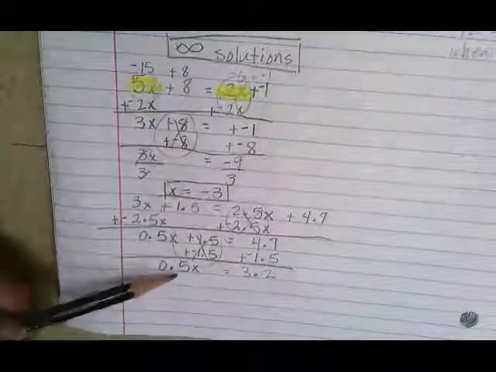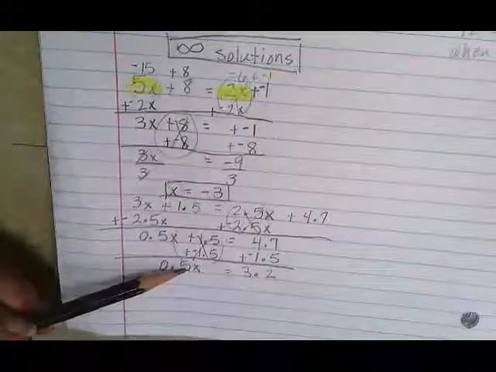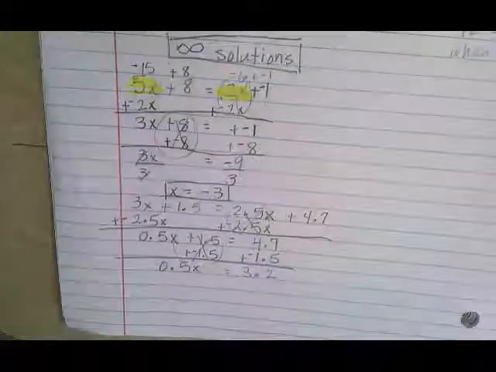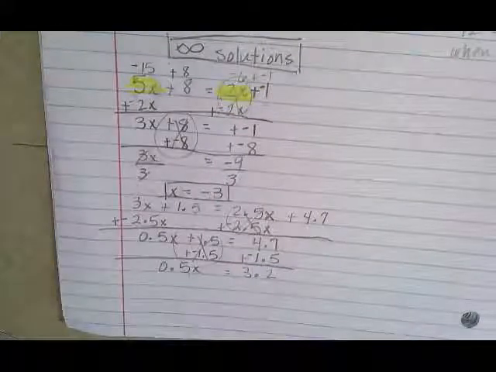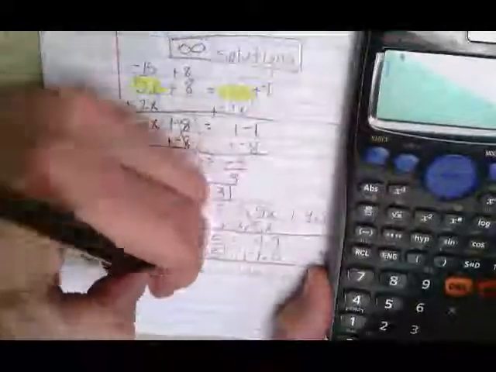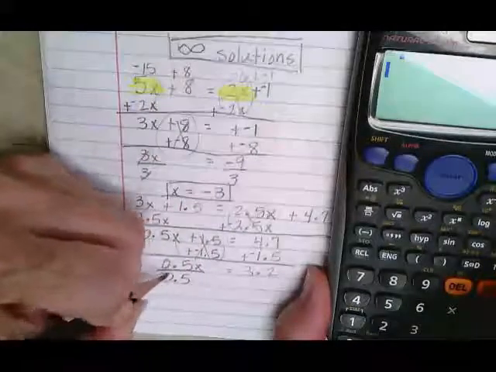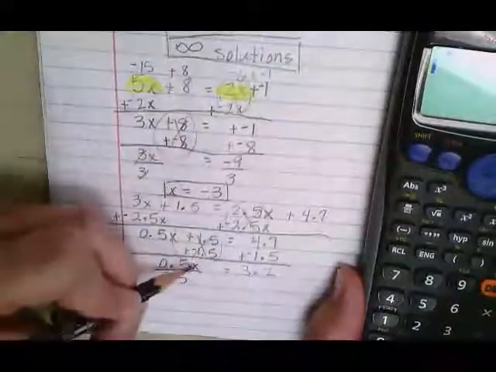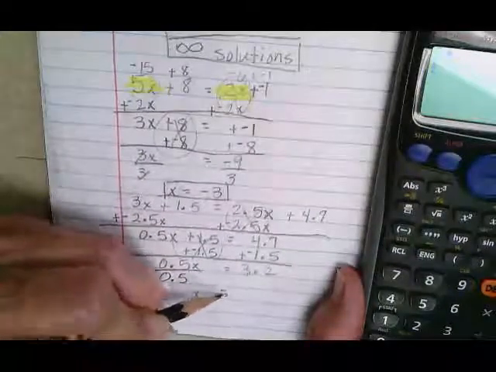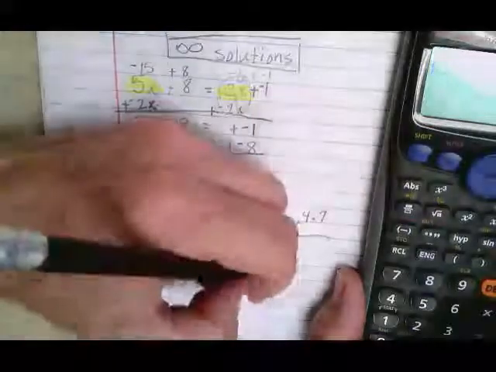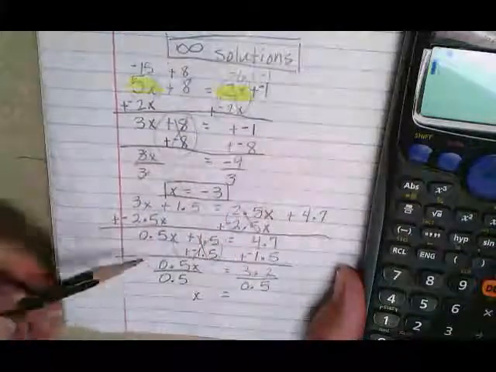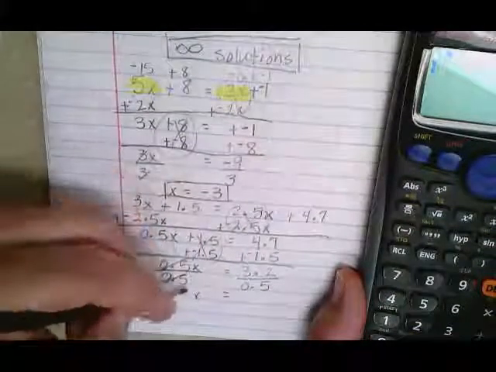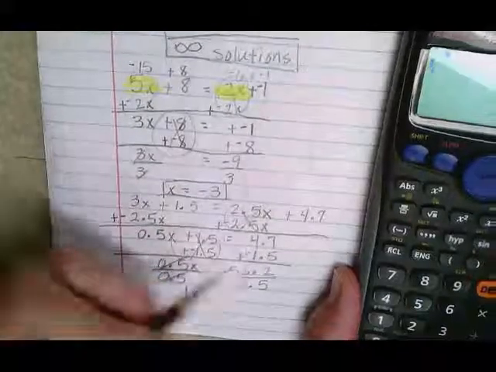So now I want to just figure out what number times 5/10 is going to give me 3 and 2/10. So this is where I'm going to use my calculator. I'm going to divide each side by 5/10, not 5/10 x, because I want my x to stay there. I just want this coefficient in front of it to not be there. So these are going to divide out to 1, but I have to figure out what this is.